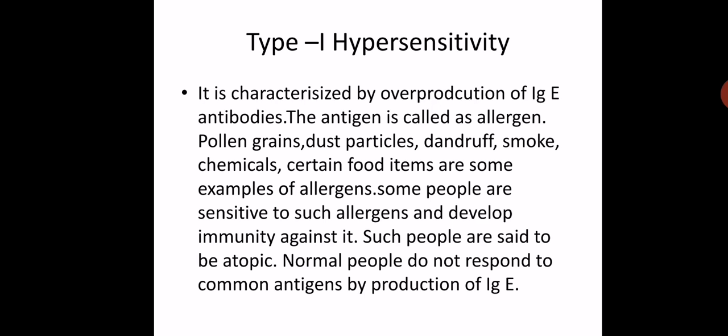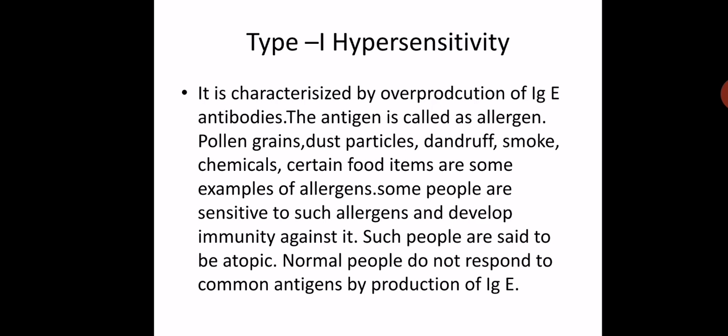An allergen is a type of antigen which is responsible for an allergic reaction. Whenever the person comes in contact with such an allergen, the person becomes so sensitive to that particular allergen, and such people are said to have atopic allergy. Atopic allergy means a very strange type.